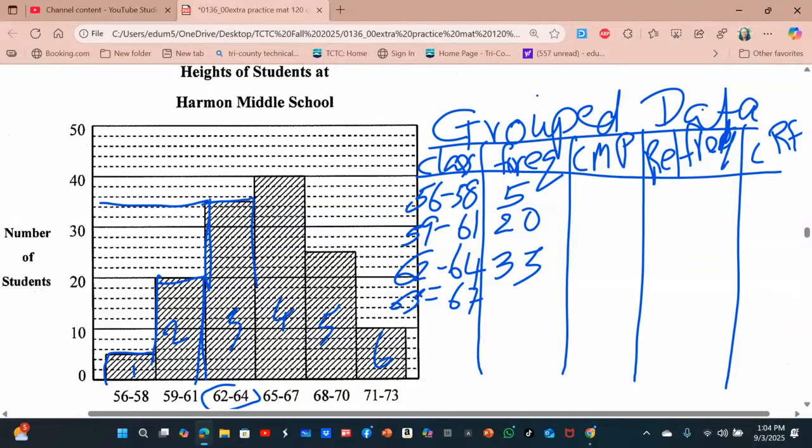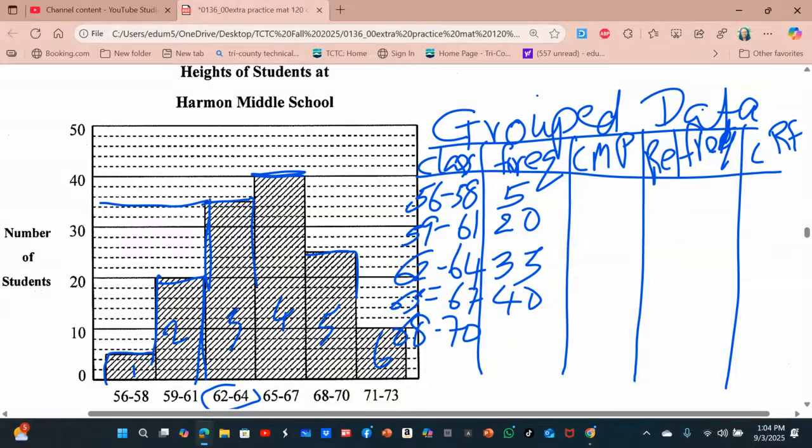The tallest bar has 40 students. The next class is 68 to 70.